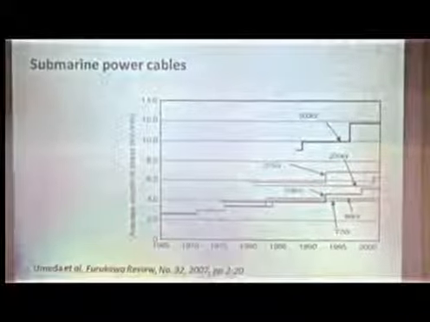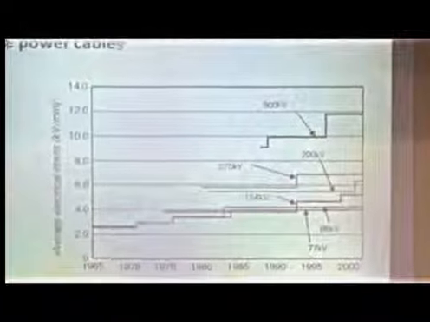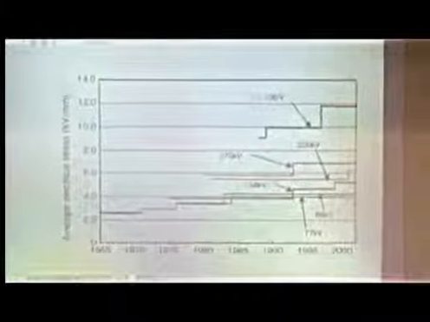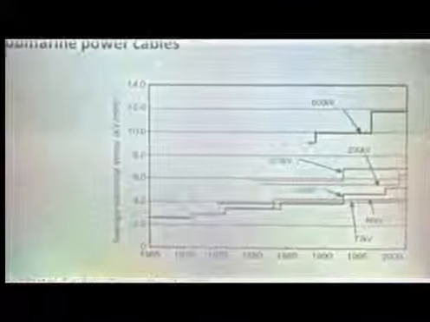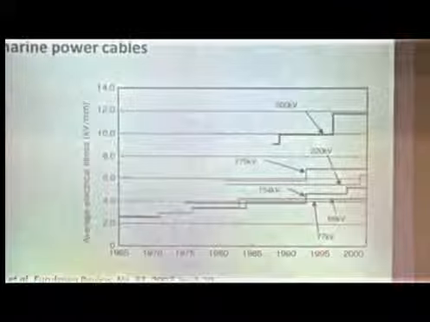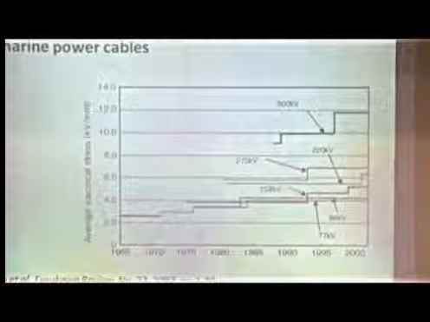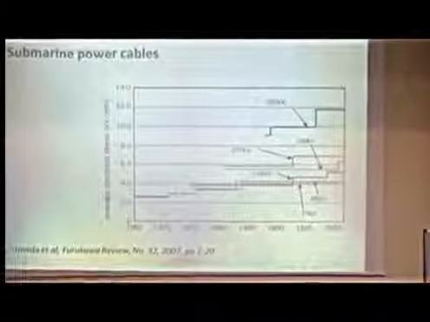You can see that the average electrical stress on a power cable has increased higher and higher, and indeed we've been moving to higher and higher voltages, as well as thinner and thinner insulations. Currently we're working around 10 to 14 kV per millimetre for power cables, and it's quite conceivable that we could be getting up towards 20, 25 kV per millimetre.